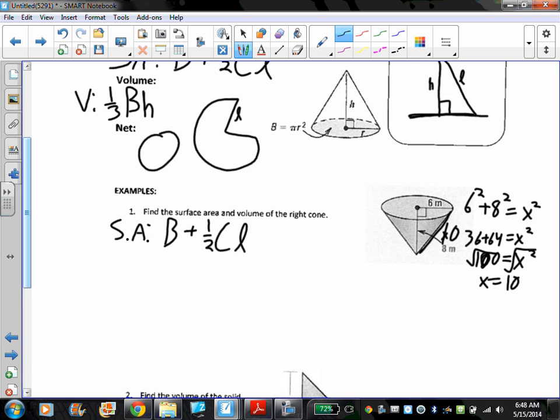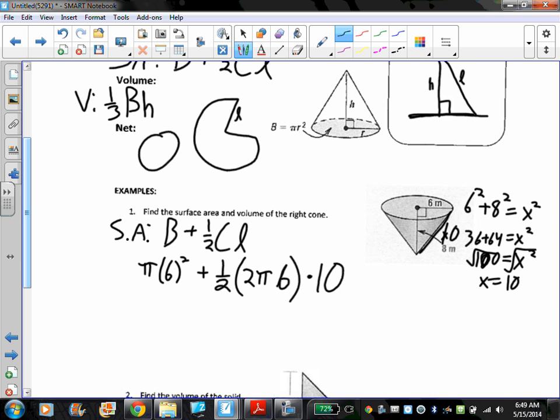To find the area of the base, we'll use the circle that has a radius of 6, and the base is going to end up being pi times 6 squared, plus 1/2 the circumference, which is going to be 2 times pi times the radius again, which is 6, times our slant height, which we found was 10.